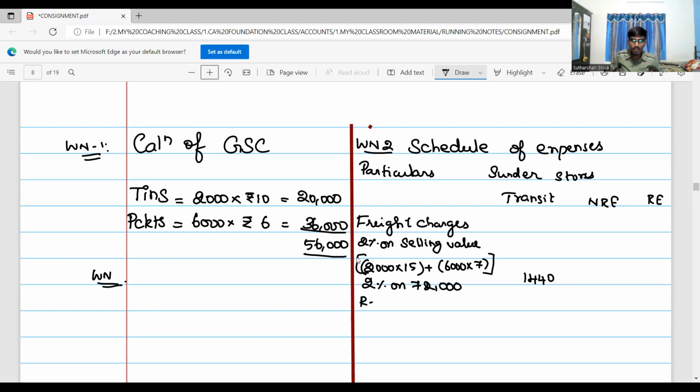Then rent and insurance, it is recurring expenses, so total 600. 1,440 and 600.